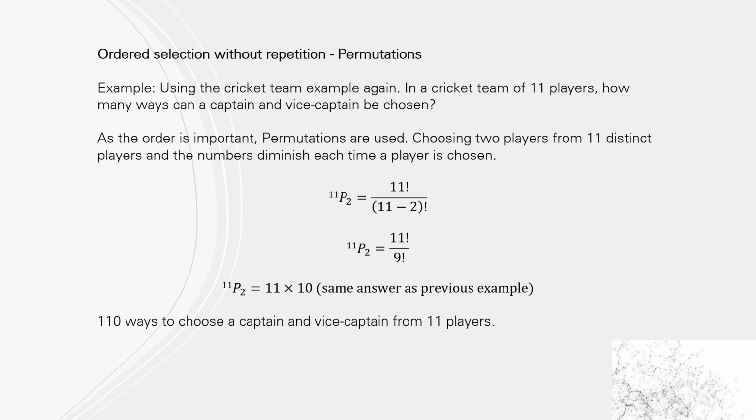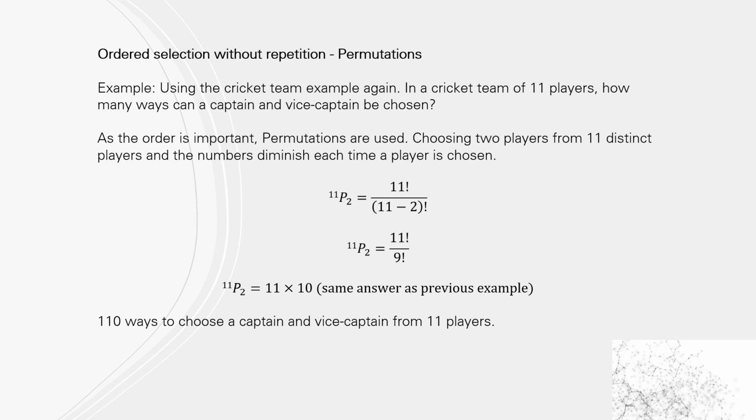So this becomes 11P2. On your calculator, you can go 11, shift, times button, that'll get you the P, then 2, and that will get you 110. Using factorials, it's 11 factorial over 9 factorial, that's 11 times 10 times 9 factorial. Then the 9 factorials cancel, so you get 11 times 10, the same as we did for the last one.